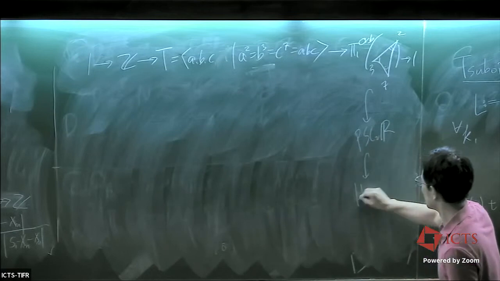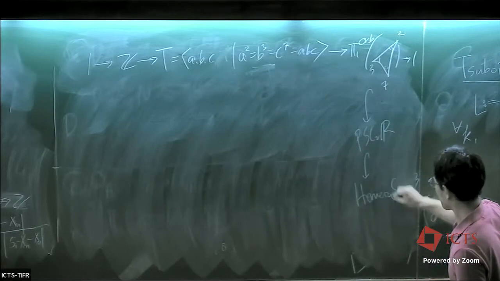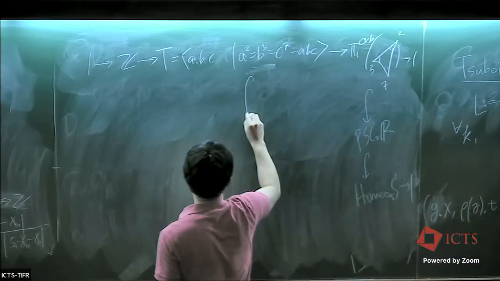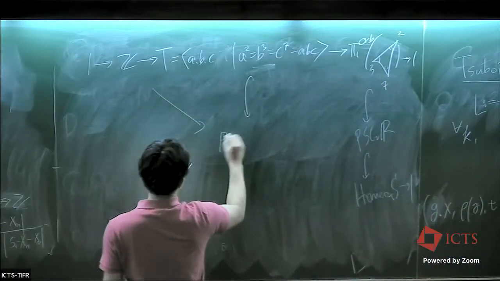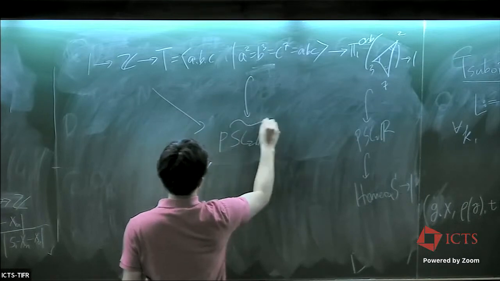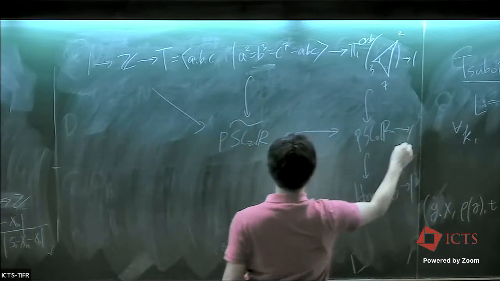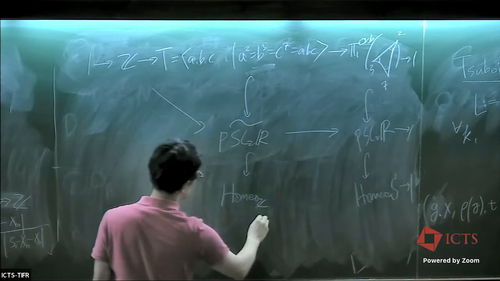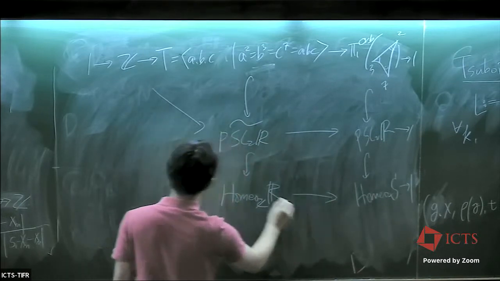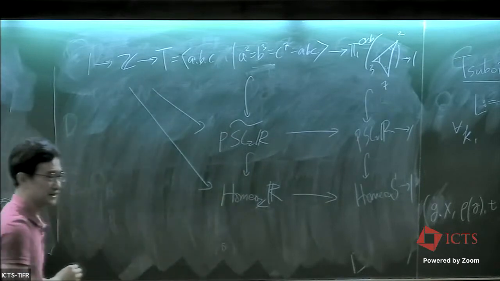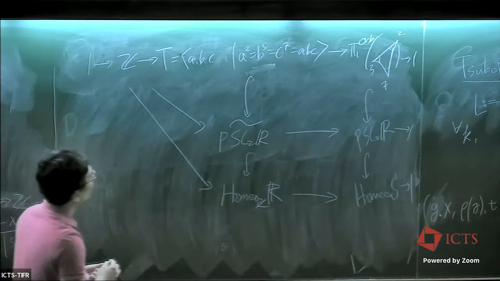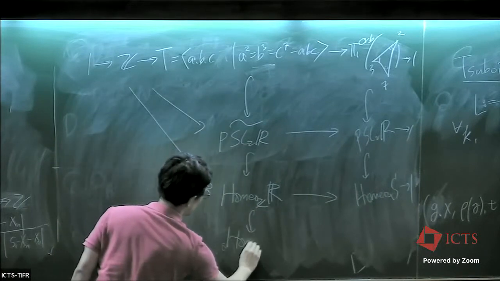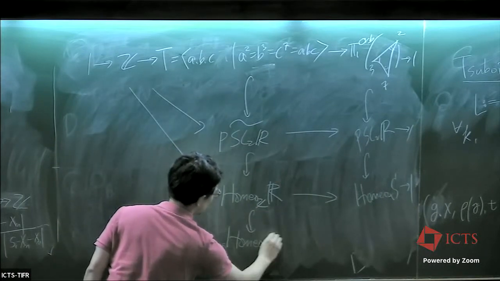So this is a circle homeomorphism group. Actually, it's even analytic. And therefore, it lifts to the universal cover, which can be realized as the Z-periodic real line homeomorphism group, and Z is the translation.